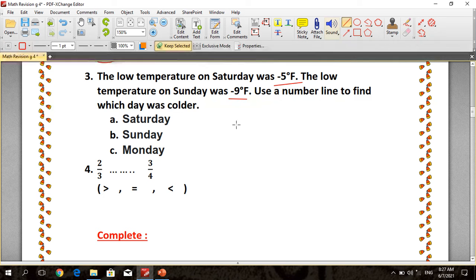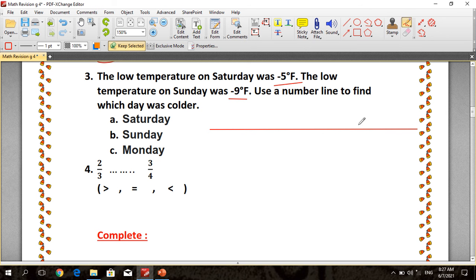Let's make the number line together. Let's put the numbers together. For example, if we have 0 here, on the right side we have the positive numbers. Because we don't need more, I will stop at 2. On the left side we have negative numbers.